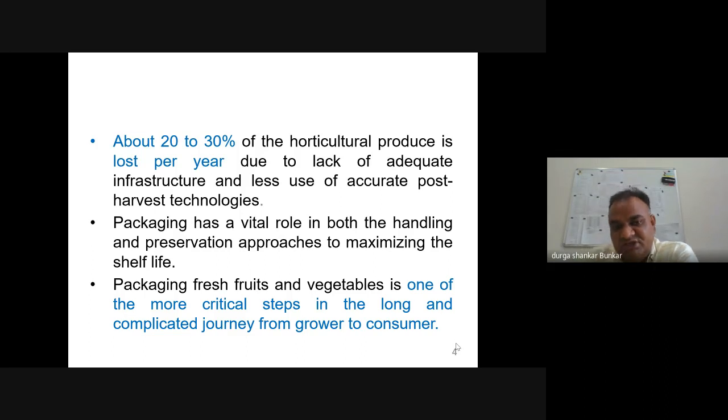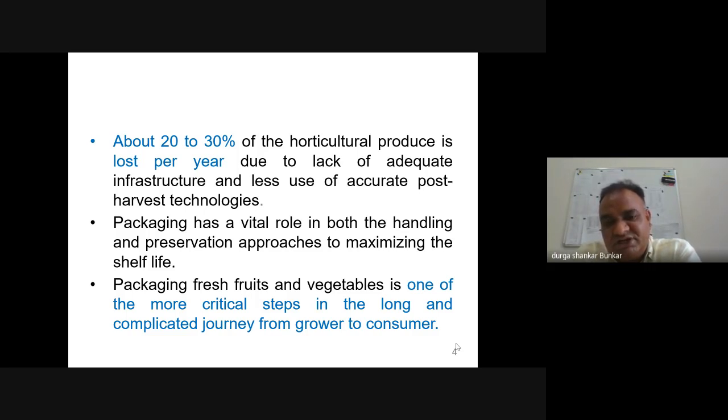This is a very huge number in fruit and vegetable, as people know that fruit and vegetable production is all seasonal, and their shelf life is very short. So if we increase their shelf life, we can minimize these losses.